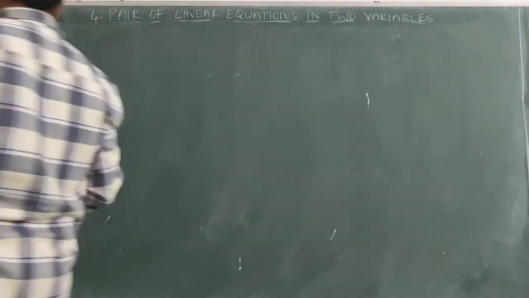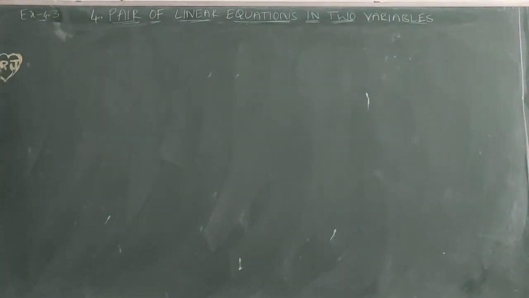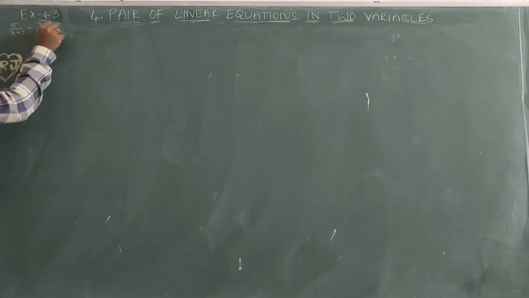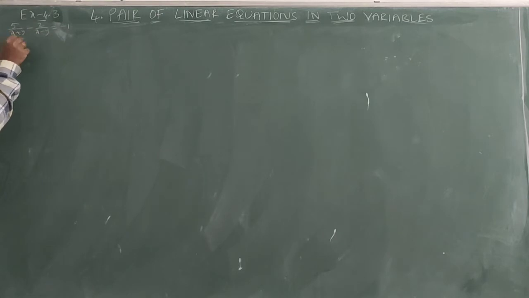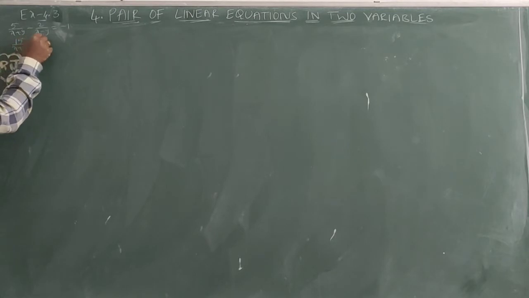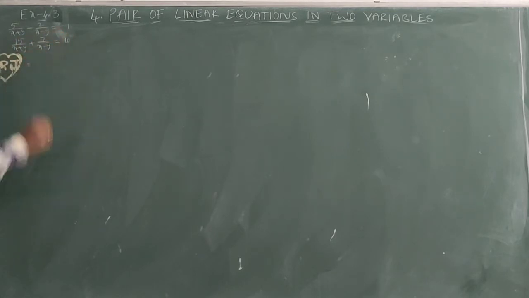Fifth one: 5/(x+y) - 2/(x-y) = -1, and 15/(x+y) + 7/(x-y) = 10.